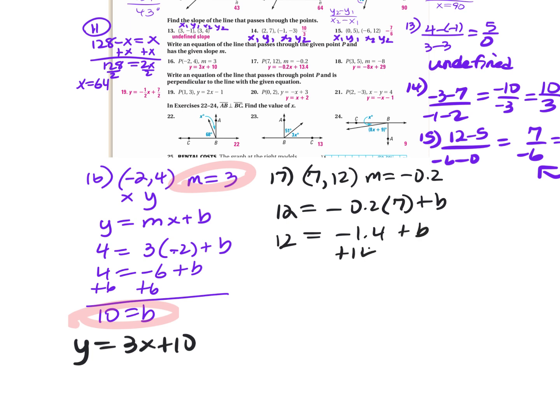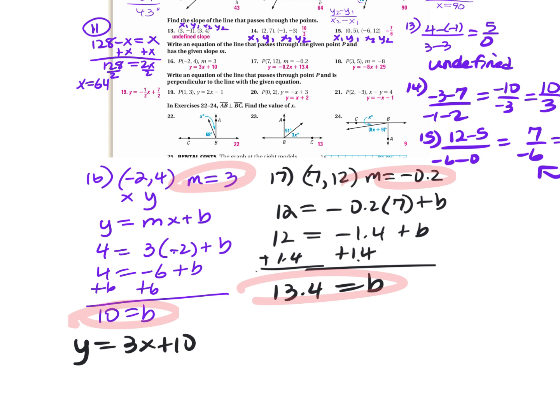I'm going to add 1.4 to solve for b. And I get 13.4 equals b. And now I take my b and my given slope and plug it back in. So my final answer here is y equals negative 0.2x plus 13.4.